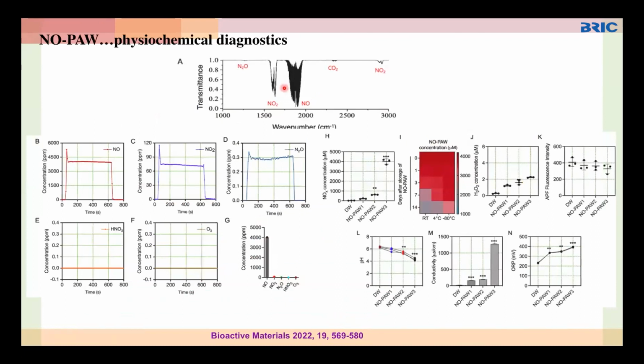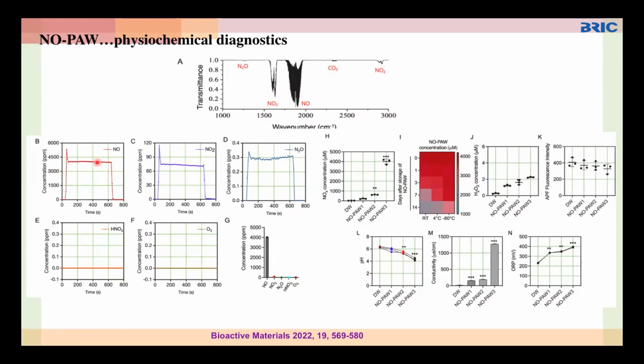Later we checked physicochemical diagnostics, and by gas FTIR, this is the live gas FTIR data, we found that mainly this plasma produces nitric oxide, not any other species, not N2O, very little amount of NO2 that was also minor, no CO2, no other species. So you can see the graph here.